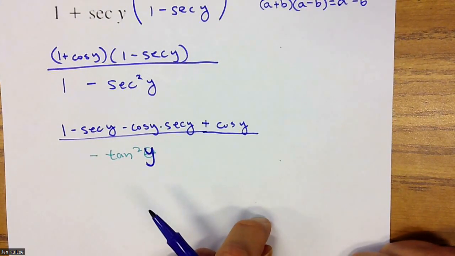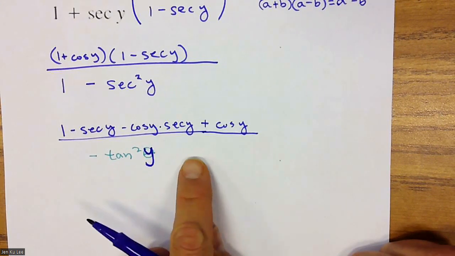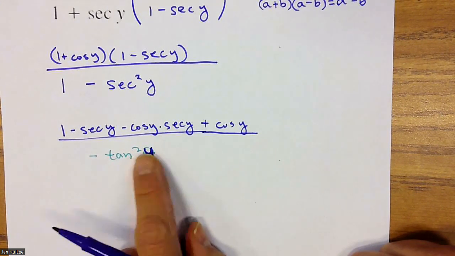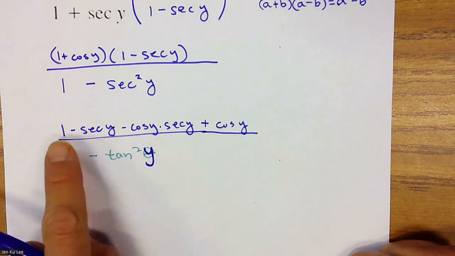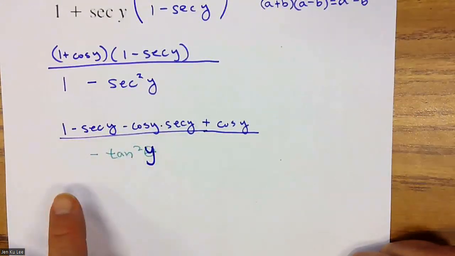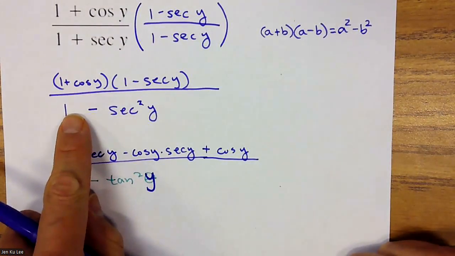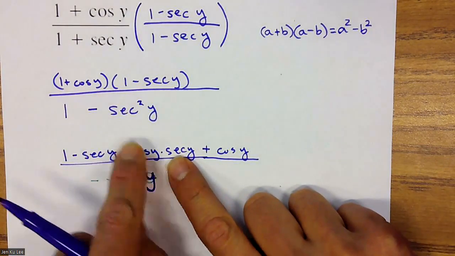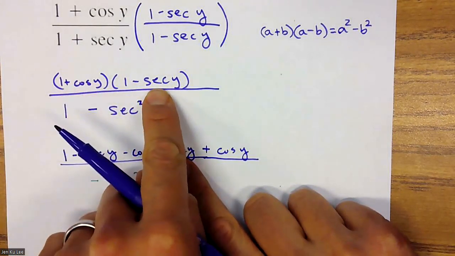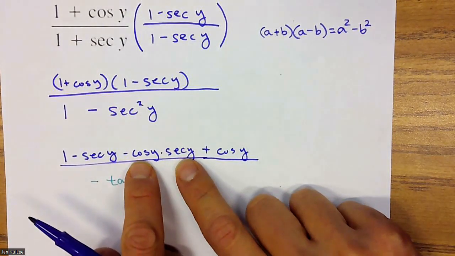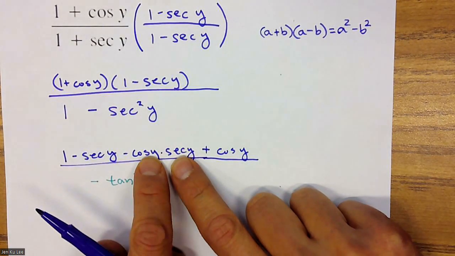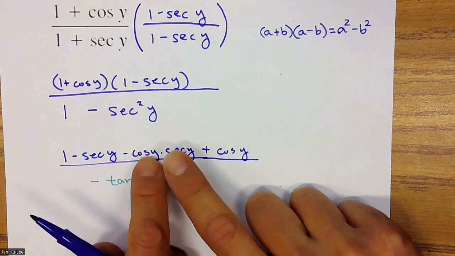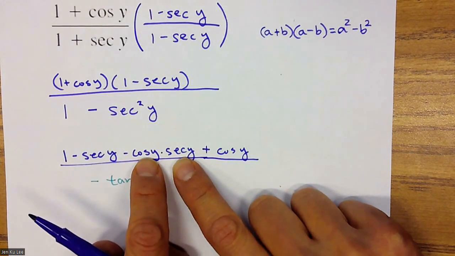Do you guys already have that feeling? In the beginning? Where? This one? Minus cosine times secant? Because cosine times negative secant is negative cosine. What is cosine y times secant y?